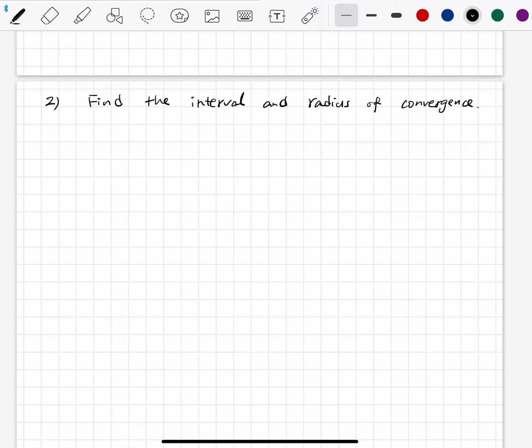So the series we have is the summation from n equals 0 to infinity of n factorial times x to the nth power. For this one, we are still going to use the ratio test because of the x to the nth power.